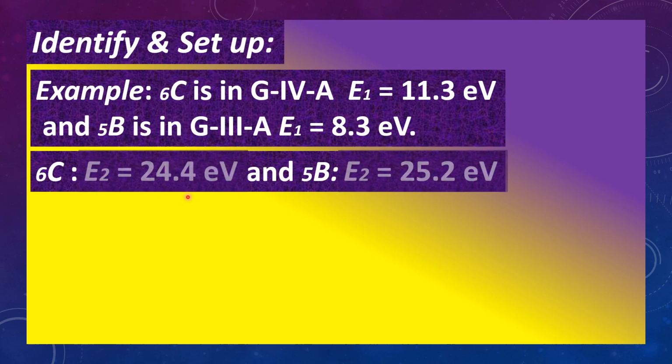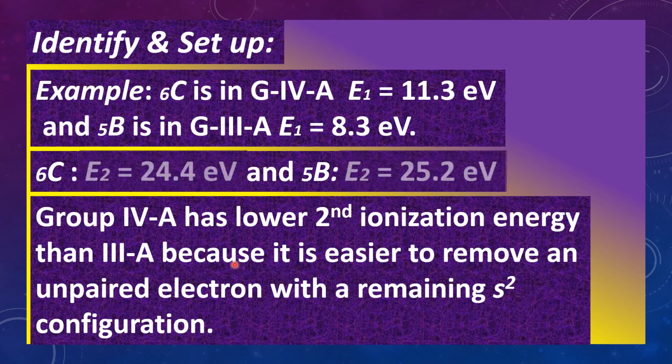And this is what we mean by deviation from the periodic trend. We say that as far as the second ionization energy is concerned, one possible explanation to this is that it is easier to remove an unpaired electron with a remaining s2 configuration, which we are going to illustrate in just a short while.